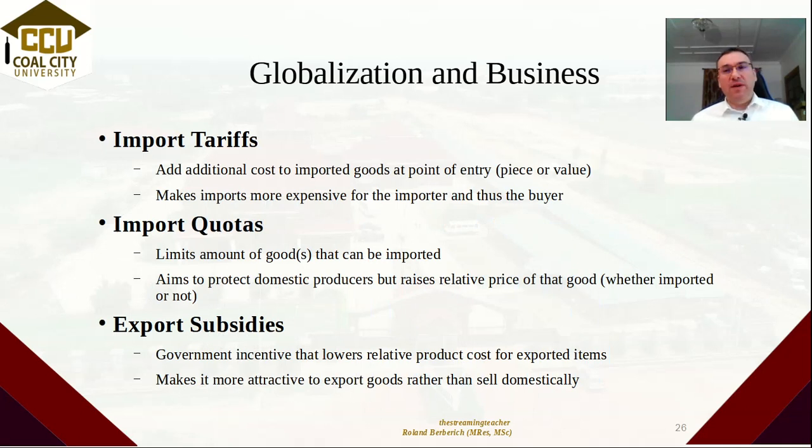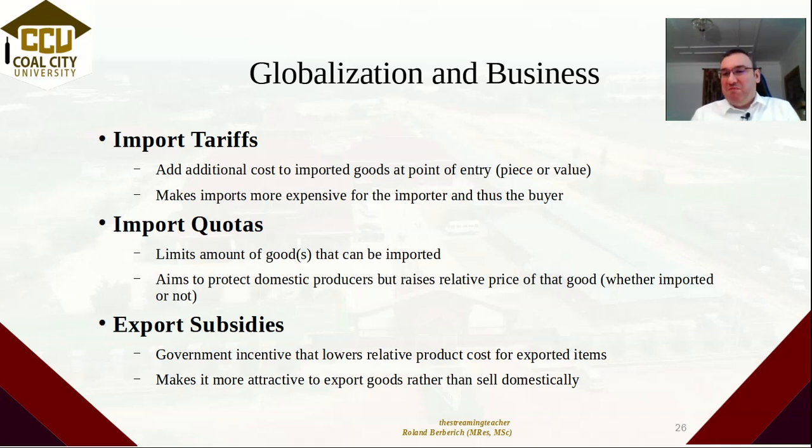Now, how does this work? When you have an import tariff, you are adding additional cost to the price of an imported good at the point of entry. For example, when the ship comes into the harbor, the goods are offloaded, and then you say, okay, this does not cost 100 currency units plus transportation, but I'm adding another fee on top of that, which makes these imports more expensive for the importer and thus the buyer.